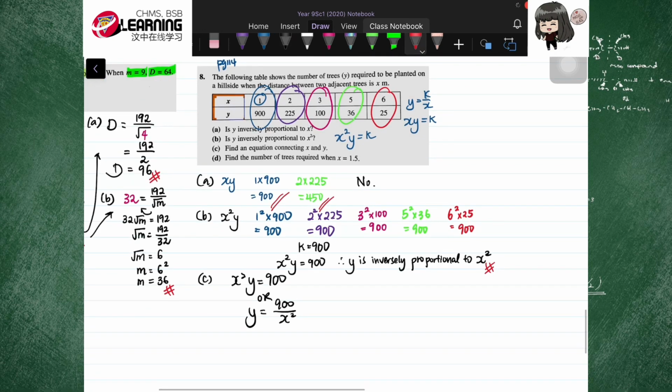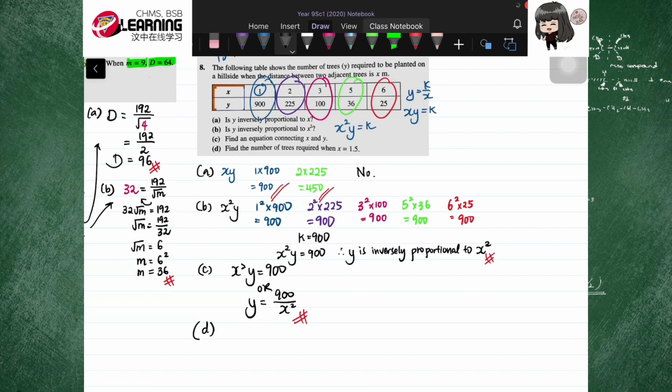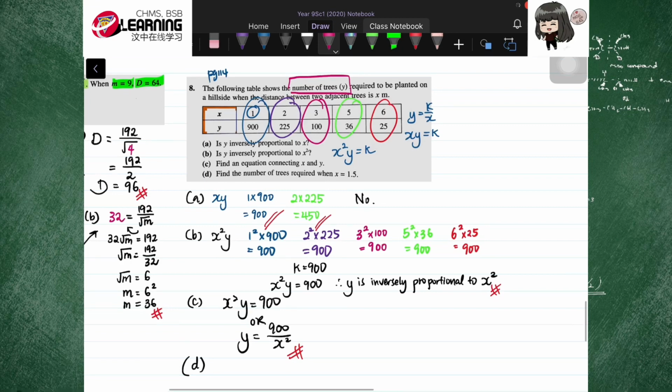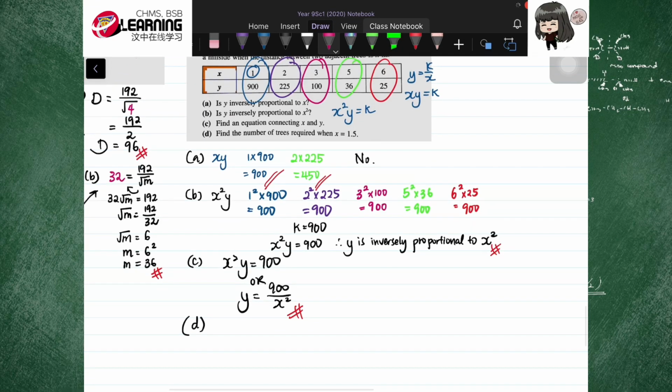Now part D. Find the number of trees. The number of trees is y. You see the question, the number of trees is y, required when x equals 1.5. So you're looking for your y now, and you substitute 1.5 into your x.